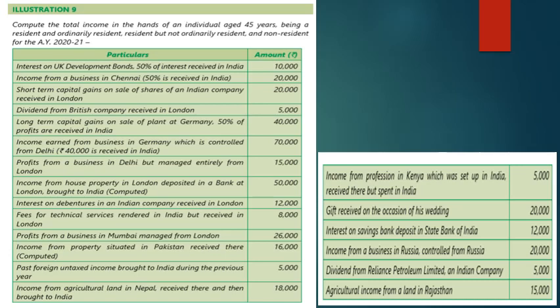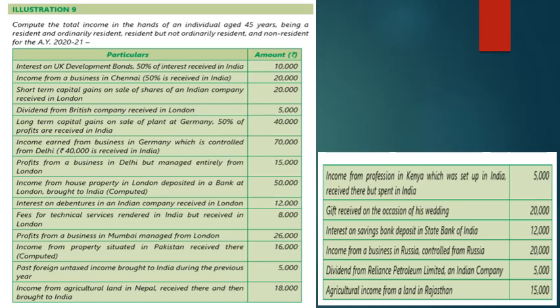So the question, I will read: interest on UK development bond, 50% of the interest received in India, amount 10,000. Income from a business in Chennai, 50% is received in India, 20,000. Short-term capital gains on sale of shares of an Indian company received in London, 20,000. Dividend from a British company received in London, 5,000.